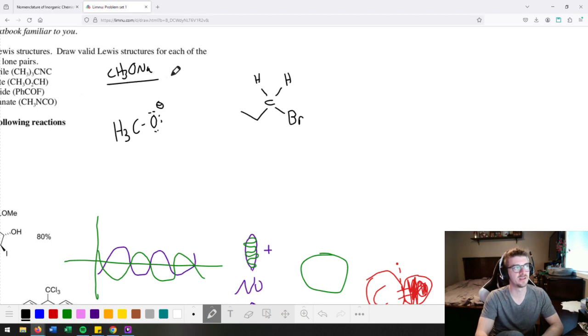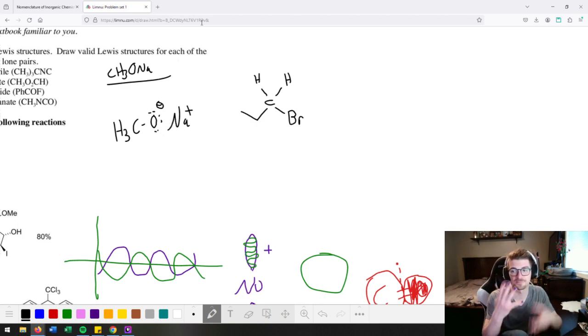Now there's a sodium here as well because we always have to have charge balance in anything that we're doing. We're not just going to have unbalanced charges because that's not how nature works. So you can draw it out this way with the sodium plus and this H3CO minus.